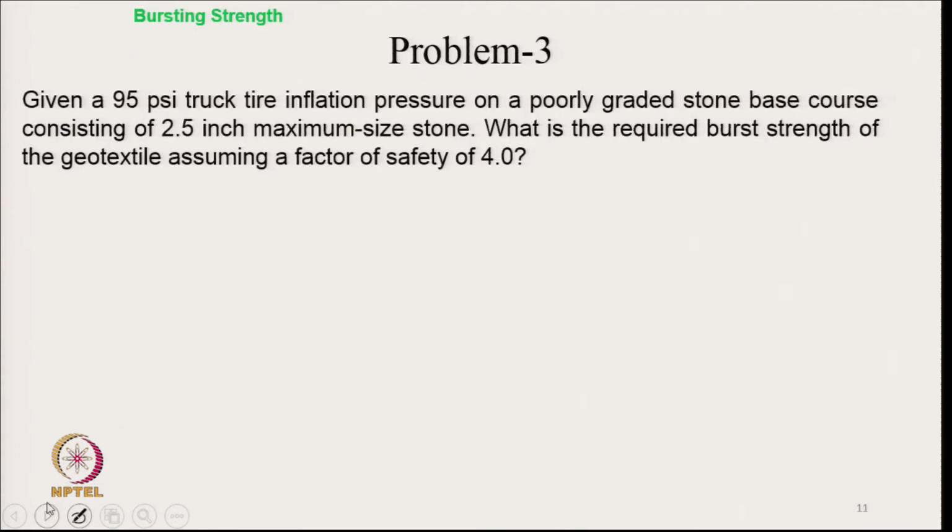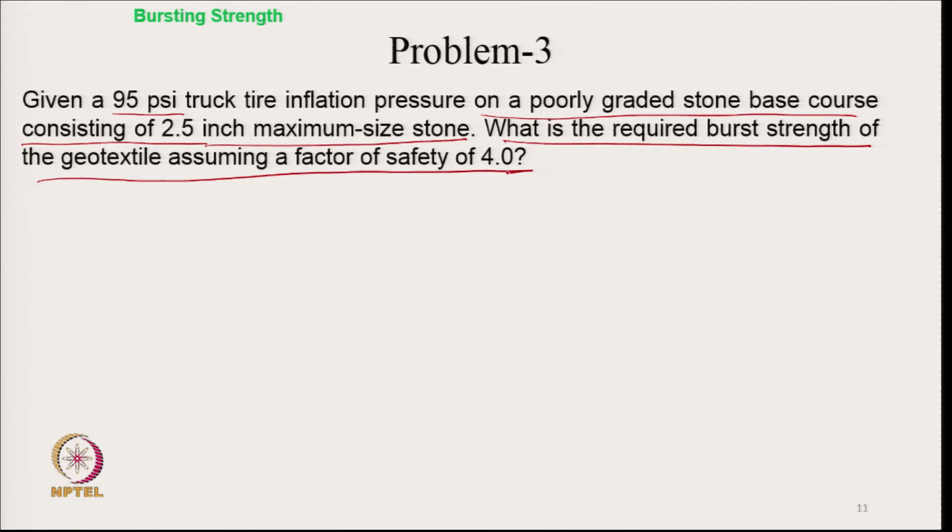Let us see how to calculate the factor of safety quickly. Given a truck tire inflation pressure of 95 psi on a poorly graded stone base course consisting of 2.5 inch maximum diameter stone, what is the required burst strength of the geotextile assuming a factor of safety of 4?